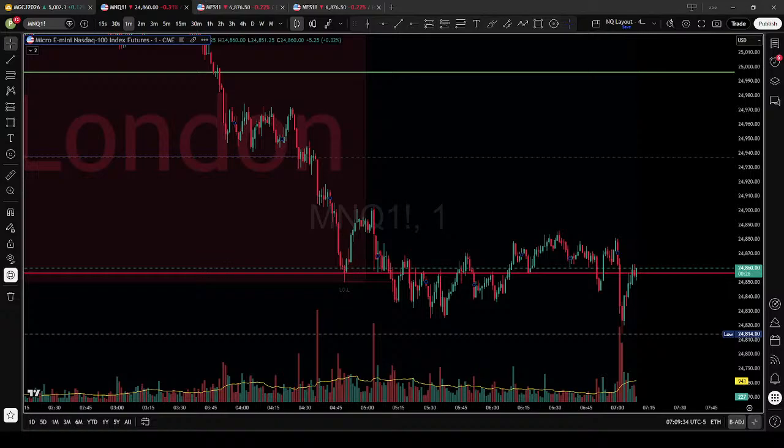Then at 10 we have US pending home sales change month on month. So what is actually happening in the market right now?